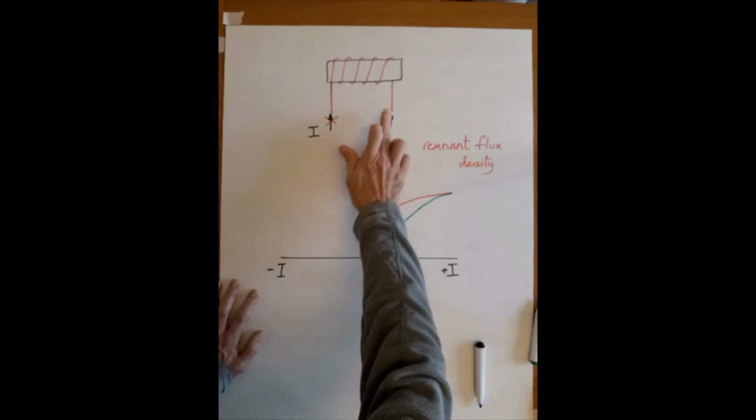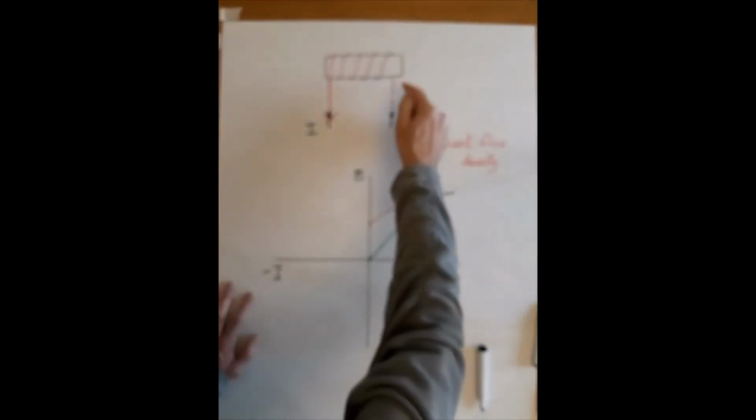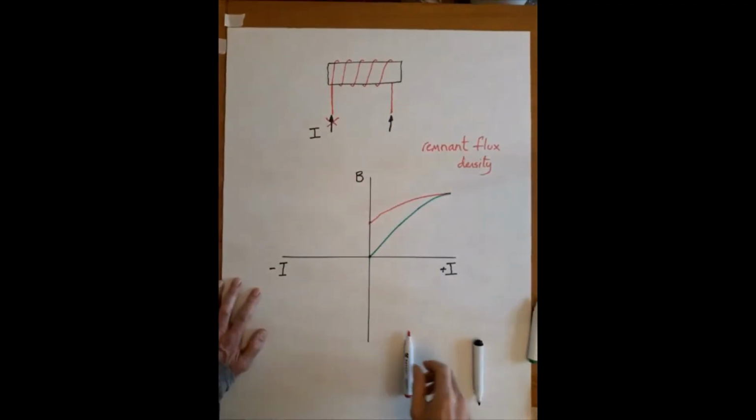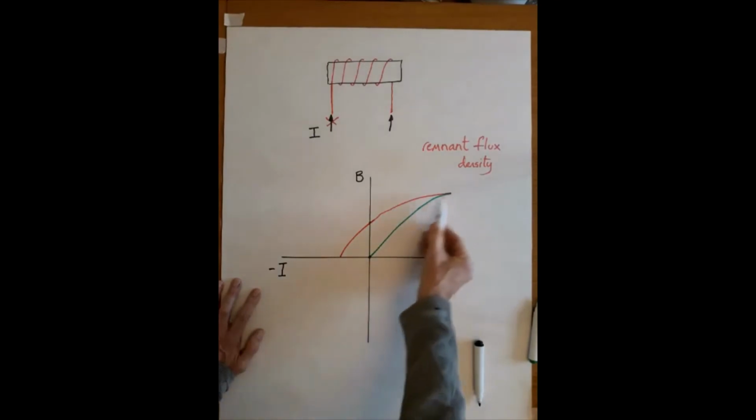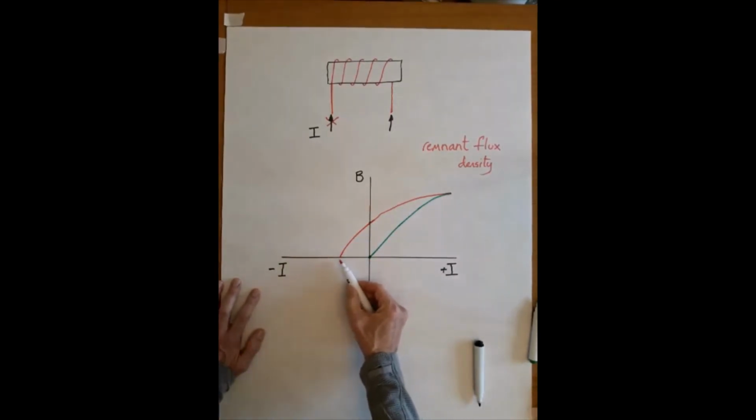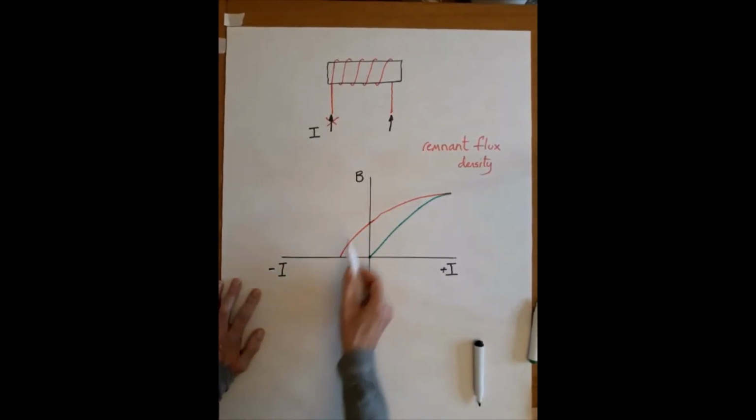As we gradually increase this current, we will bring down the flux density to 0. But it took us a current of opposite polarity to do that.